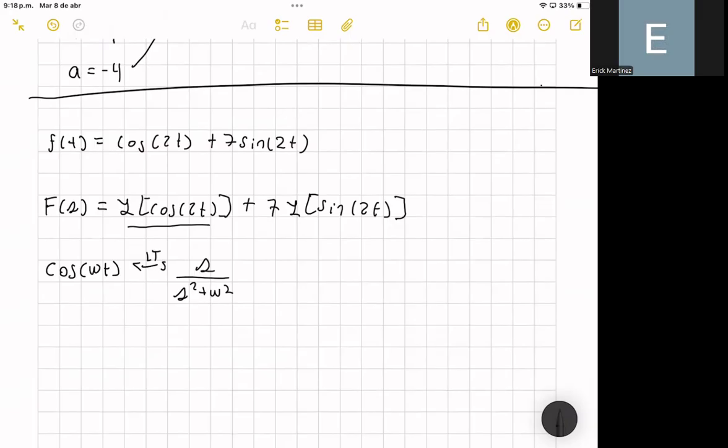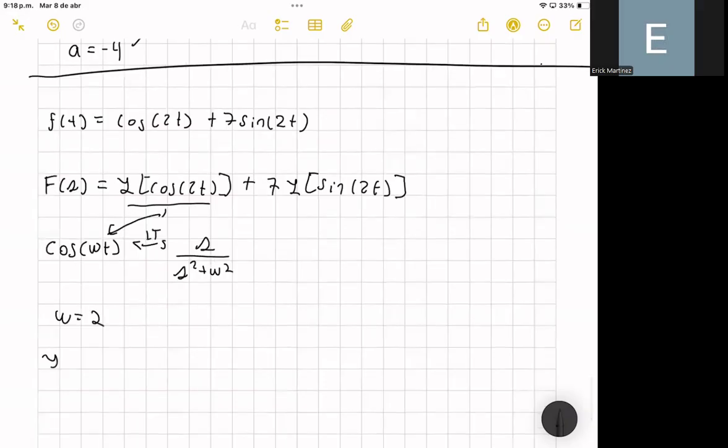According to this, if we compare these two functions, you can see that omega should be equal to 2. So we can say that the Laplace transform of this cosine is equal to s divided by s squared plus omega squared, where in this case omega is equal to 2. So we have a 4.